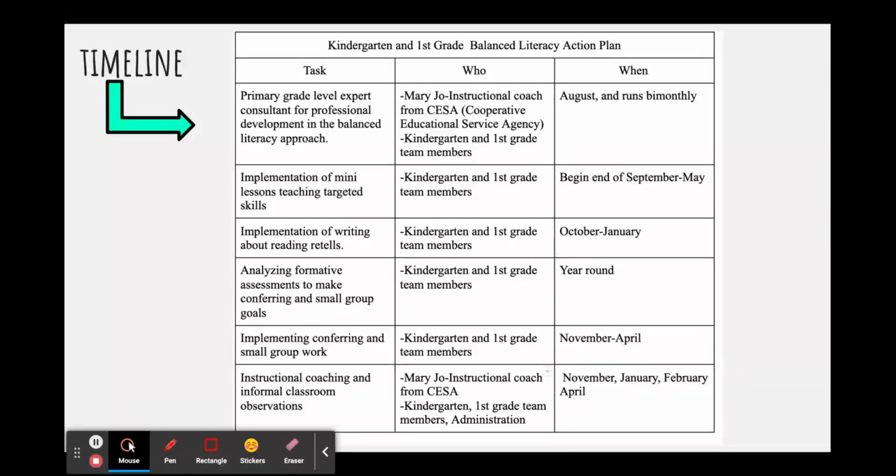That goes through quite a few of the balanced literacy tasks, ending with instructional coaching and informal classroom observations. I wanted to make sure in the action plan that it was known that this is informal observation. The instructional coach is in the classroom merely for coaching, and it's nothing evaluative.